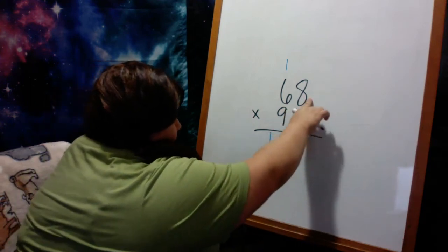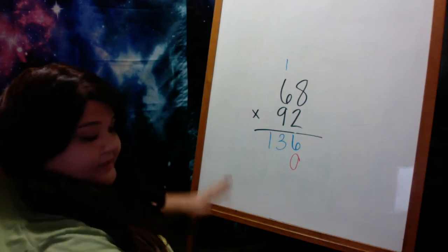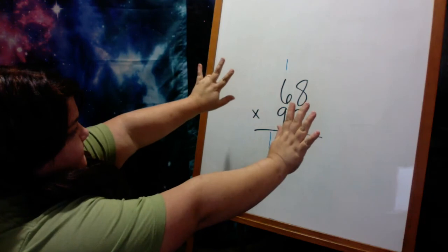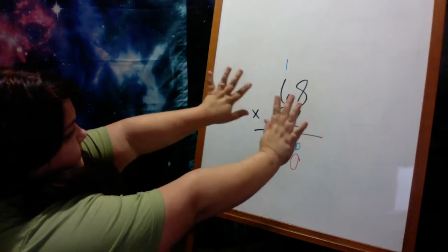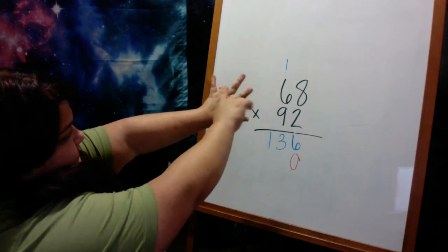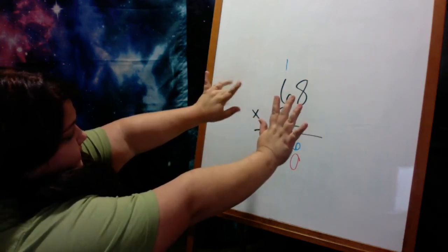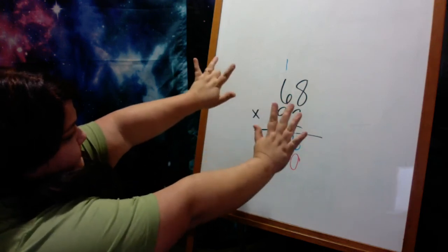So now I can multiply by 9. 9 times 8. Well, I love my 9s because I know my little 9 trick. 9 times 1, 9 times 2. Okay, so 9 times 1 gives me 9 1s. 9 times 2, there's 1 10 and 8 1s because 9 times 2 is 18. 9 times 3, 2 10s, 7 1s equals 27.